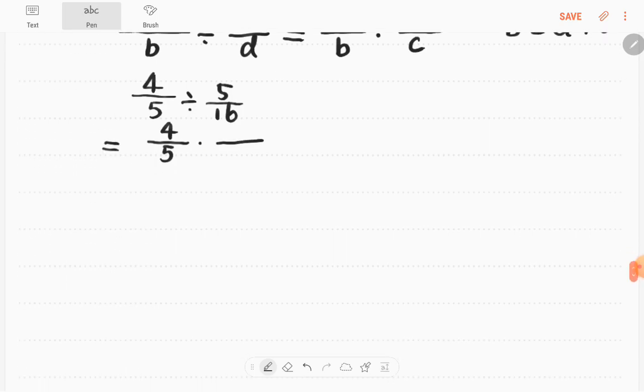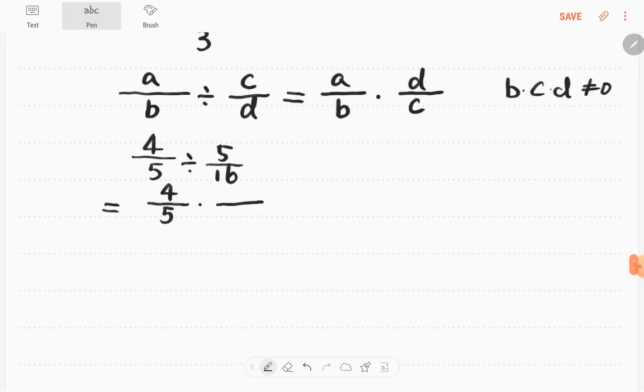We just try to change the order of the denominator and the numerator. So it will be times the reciprocal of 5 over 16. That will be 16 over 5.